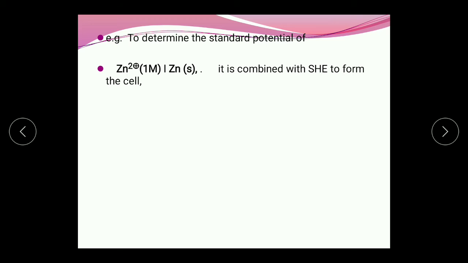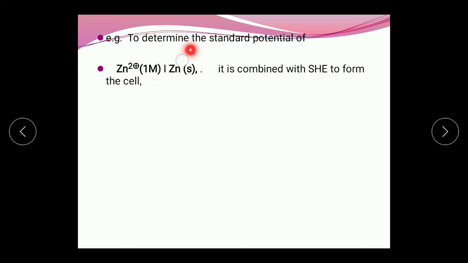Now, as I told you, we will see how to determine the standard potential by using SHE by taking one example. Suppose we have taken one electrode like this, Zn plus 2 Zn. That means a Zn strip dipped in the solution of Zn ions.